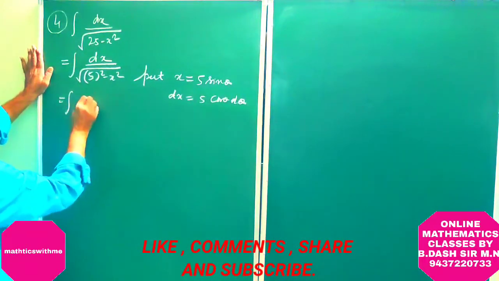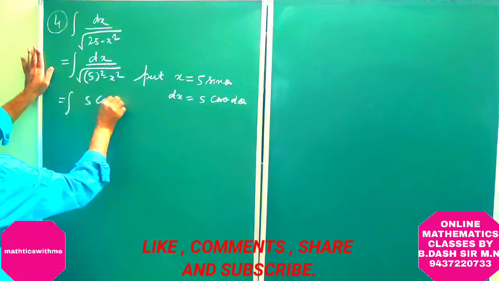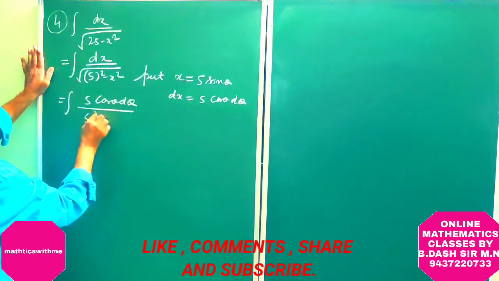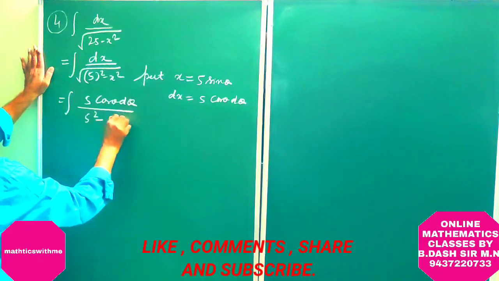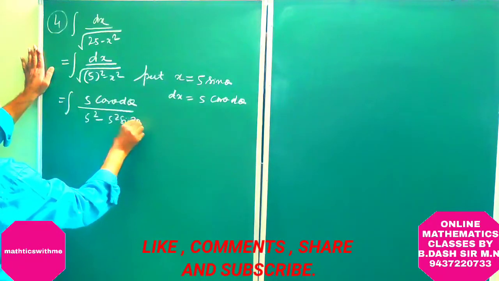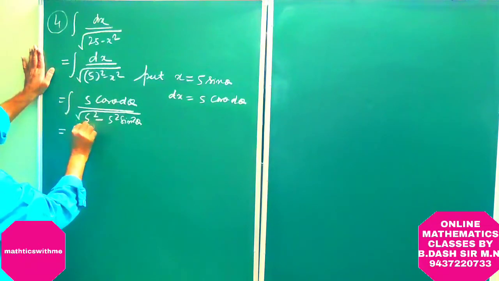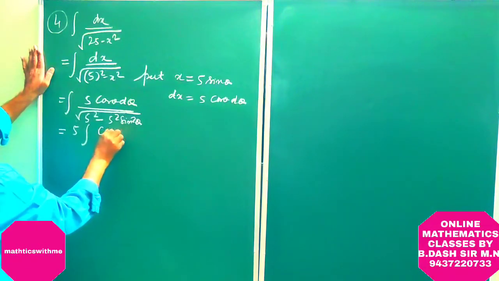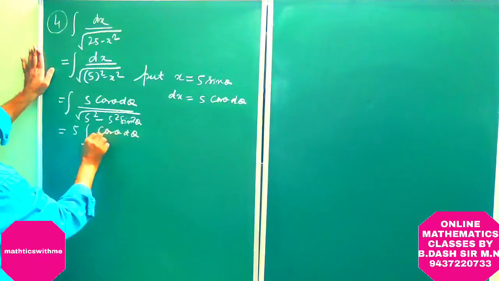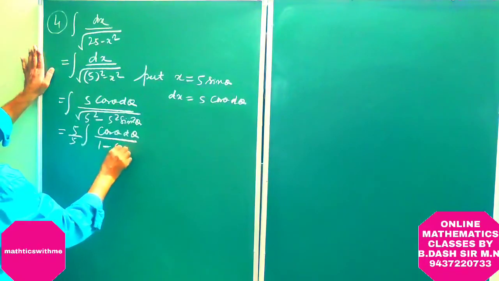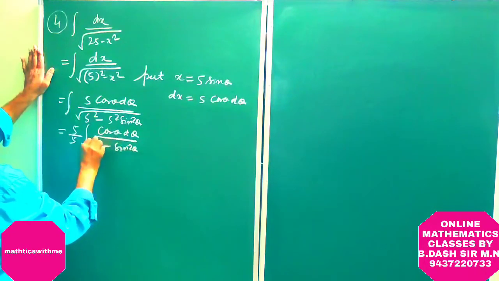So this is equal to 5 cos theta d theta divided by root over 5 square minus 5 square sin square theta. This is equal to 5 cos theta d theta divided by 5 root over 1 minus sin square theta.